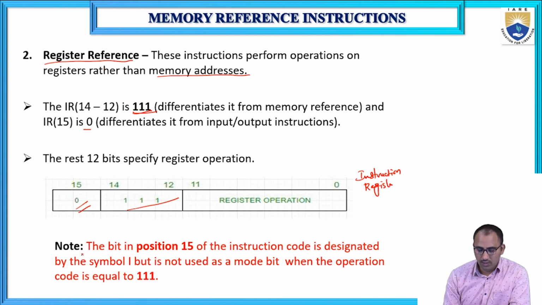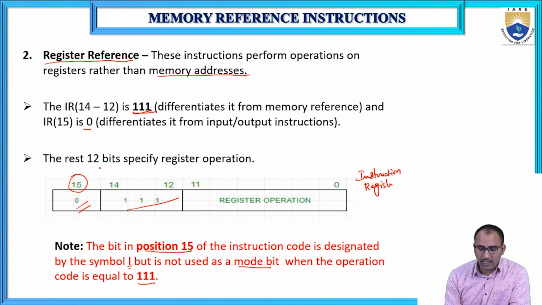Note that bit 15 of the instruction code is designated by the symbol I, but it is not used as the mode bit when the operational code is equal to 111. Basically, this 15th bit is used to decide whether the instruction has a direct address or an indirect address.